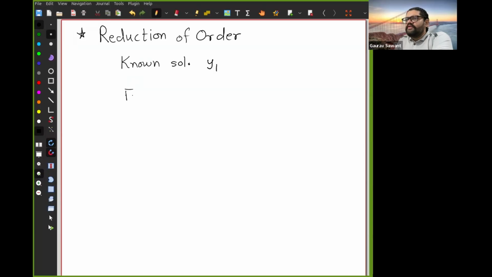So that particular reduction of order method finds y2 equal to v times y1, where v is another function. And if the differential equation is of the form y double dash plus p(x) y dash plus q(x) y equal to r(x), let's forget about the r(x) part this time and put it at 0.